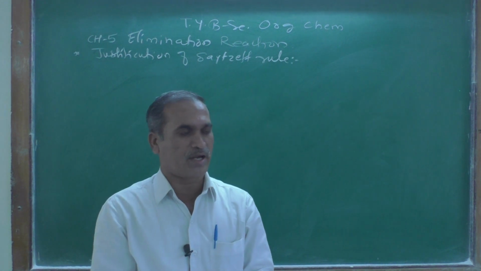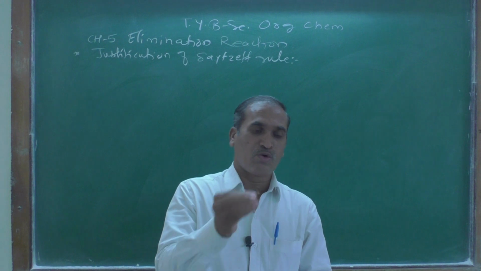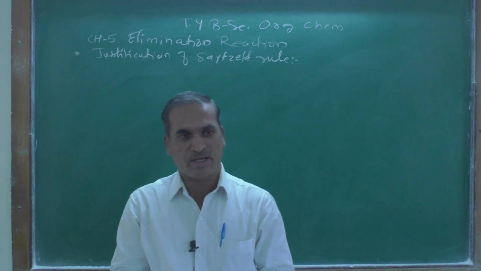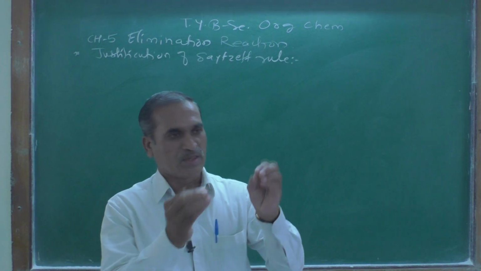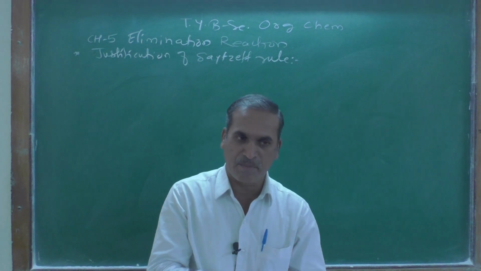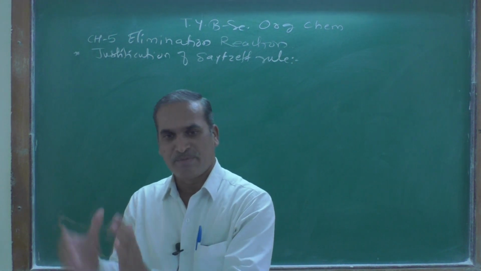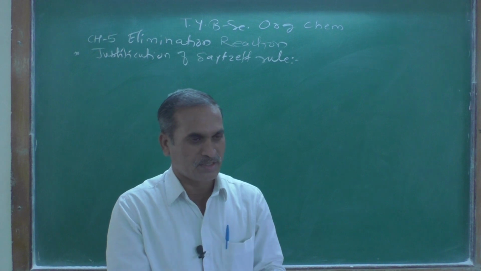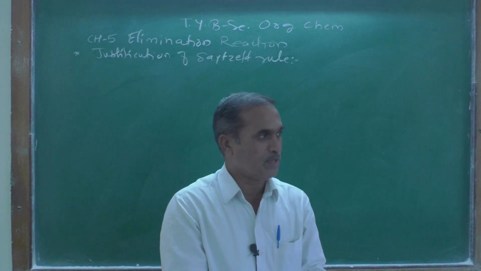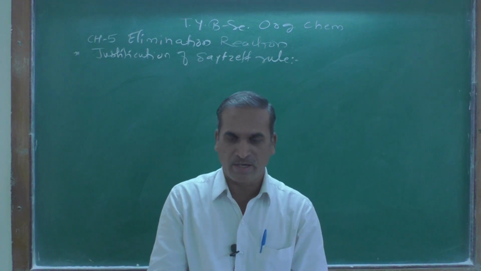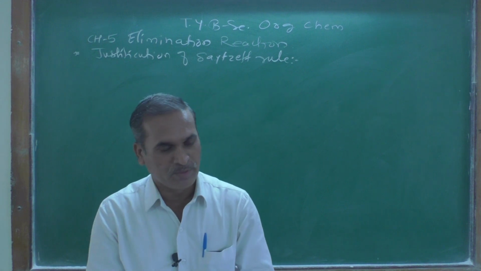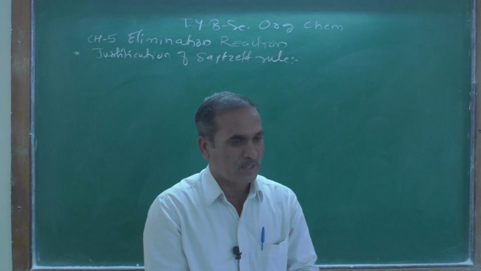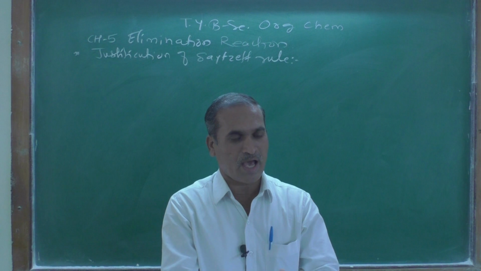Number one is the kinetic isotope effect. What do you mean by the kinetic isotope effect? With the help of a suitable example, we have explained that concept. Second one is the element effect, or the nature of the leaving group. If it is a good leaving group, what is happening?